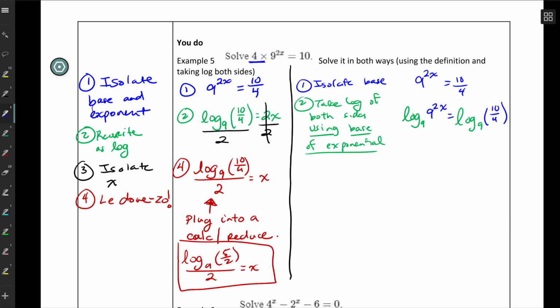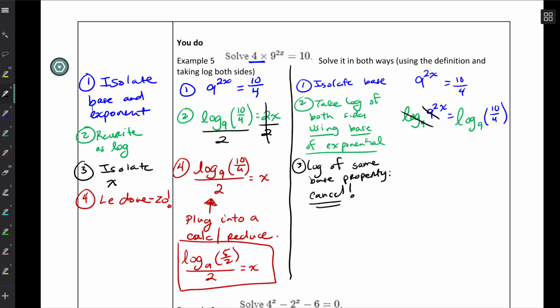Now, why does this matter? Because if we are taking the log of the same base, we'll see something magical happen. The log of the same base property says log base 9 of 9 to the 2x.